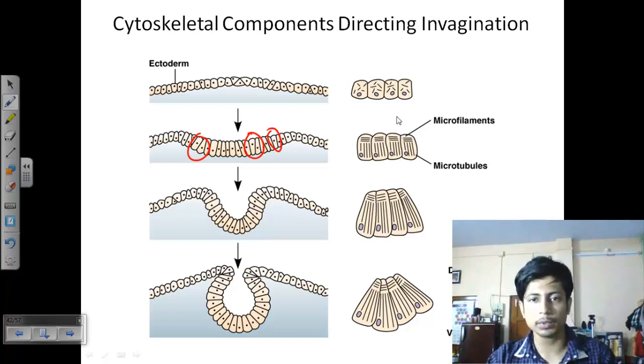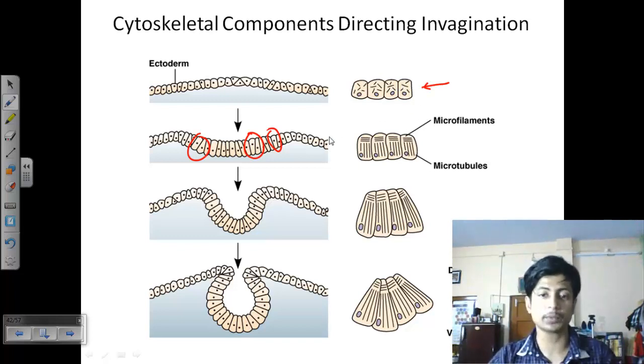And see, the microtubules, previously in normal cells arranged haphazardly, but while the cells are destined to produce this invagination, those microtubules start to arrange themselves in a stretched long condition to create thinner and longer cells. They will squeeze the cell up, and then they create this invagination.